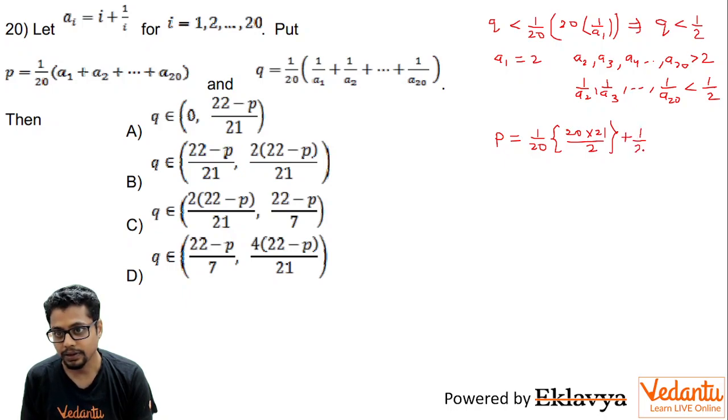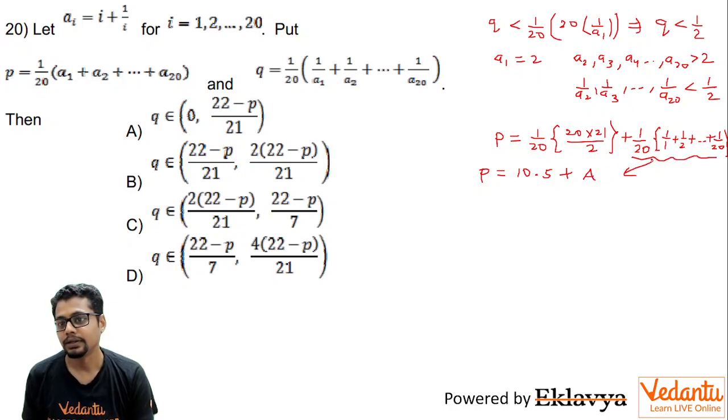Plus, the 1 by i part will be 1 by 1 plus 1 by 2 plus 1 by 3 and so forth plus 1 by 20. So P is essentially 21 by 2, which is 10.5, plus this whole expression, let me call it A, which is 1 by 20 times 1 by 1 plus 1 by 2 and so forth plus 1 by 20.